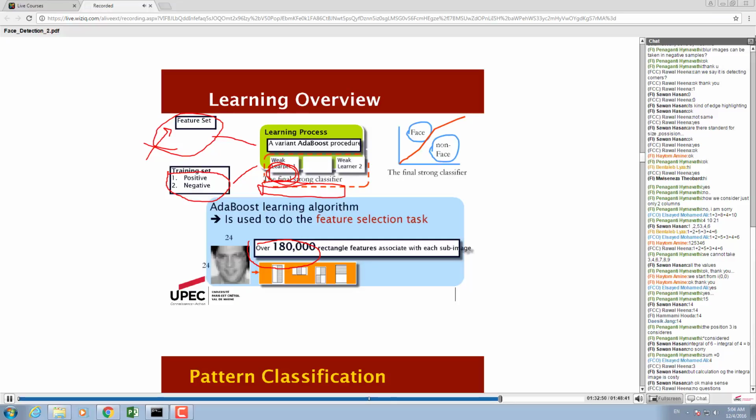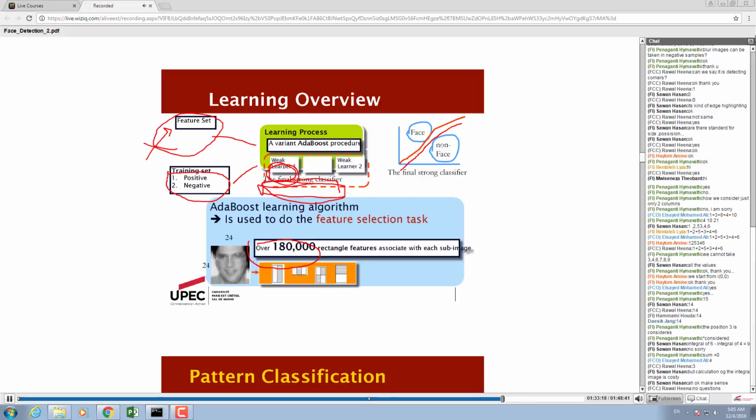So the feature set is ready and the training set is ready. The learning process works with them and tries to generate weak classifiers by selecting weak features, and based on the selected features it generates the final strong classifier.